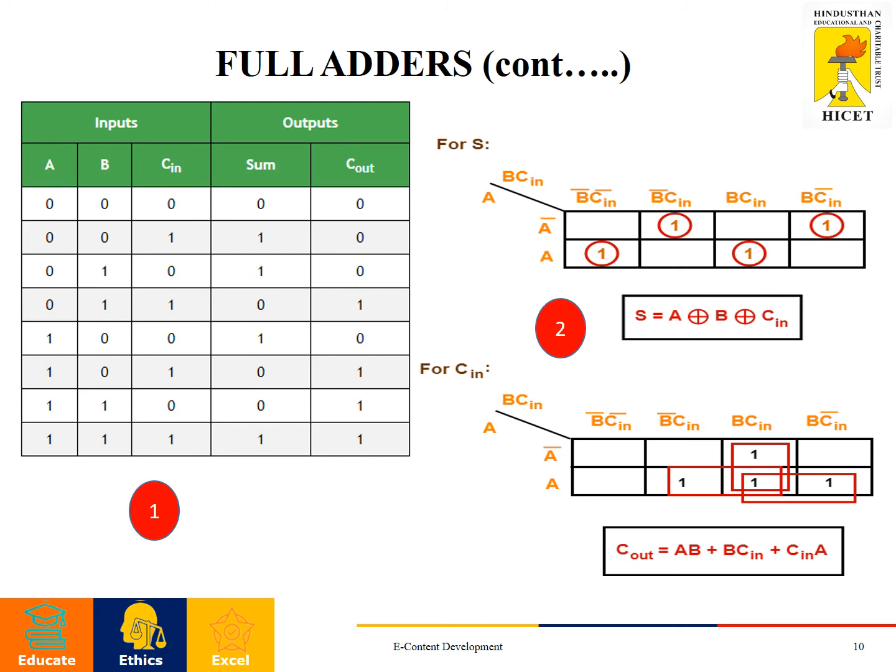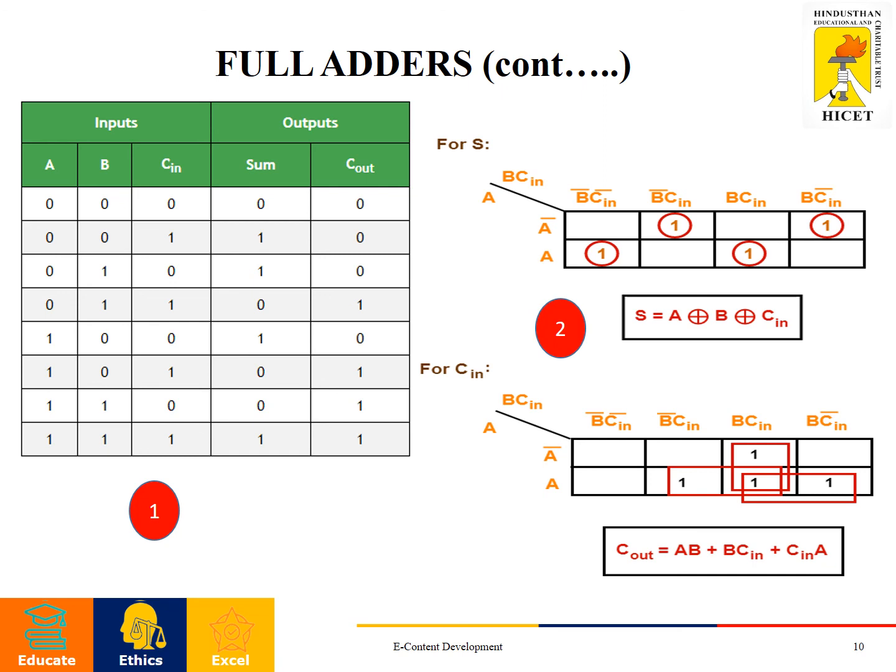Since 3 inputs are given for the full adder, a total of 8 possible combinations are given, starting from 0 0 0 to 1 1 1, and we need to produce 2 outputs, namely sum and carry. For 0 0 0, the sum is 0 and carry is 0. Similarly for 0 0 1 the value is 1 0, and for 1 1 1 the value is 1 and 1.